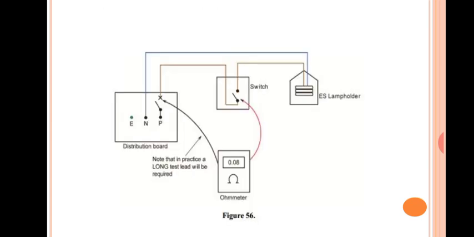We should also make sure of the polarity by ohm meter: by connecting one neutral lead to here and one phase lead to here, we can see whether the polarity is correct or not by using an ohm meter.